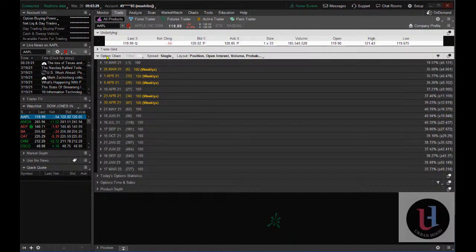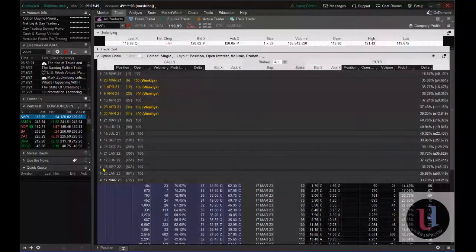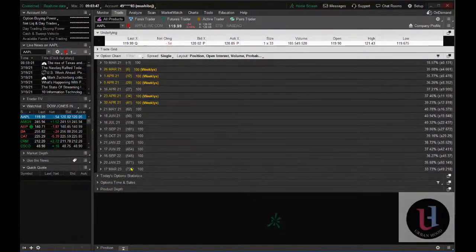Remember, the option chain tells you what contracts are available in front of you for a single asset and how to navigate that. Yellow means short term weekly, and gray is long term monthly, and you navigate to the last one so the time is on your side if you are an option buyer.